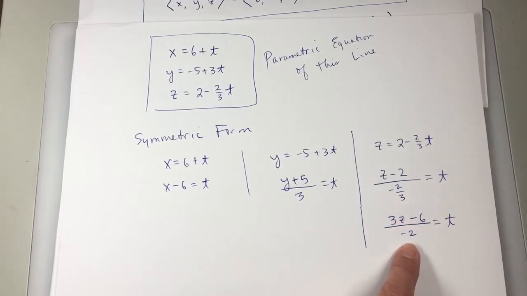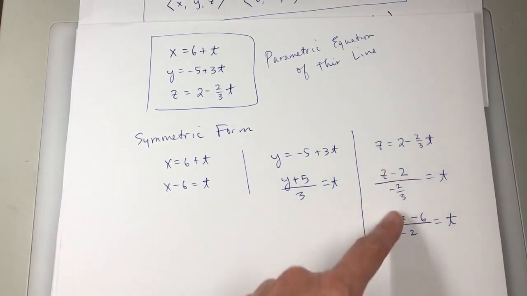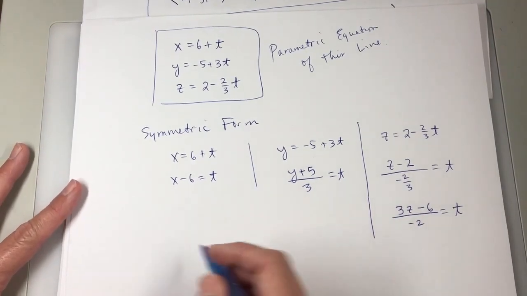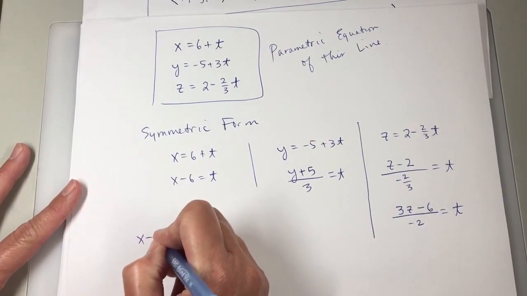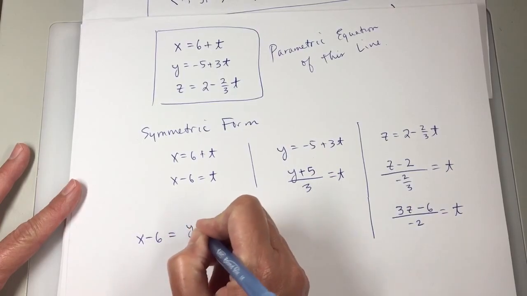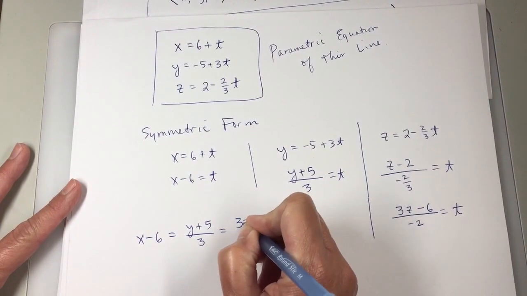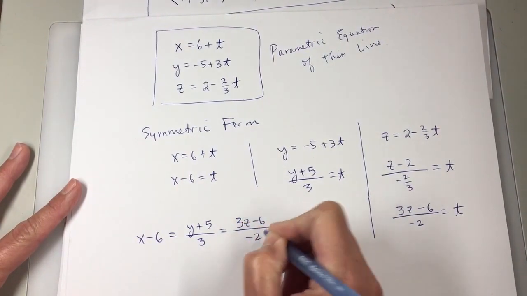Make sure I didn't make a mistake. I don't like going from here to here without writing more steps. Okay, so for the symmetric though, it's x minus 6 equals y plus 5 over 3, and that equals 3z minus 6 over negative 2.